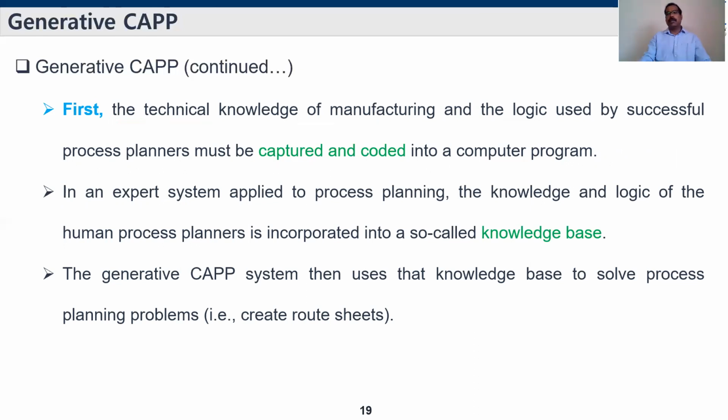So what will generative computer aided process planning do first? First, technical knowledge of manufacturing and the logic used by a successful process planner must be captured and coded. So first we have to capture and code all the technical knowledge for manufacturing and the logic we are going to use to create the proper process plan.